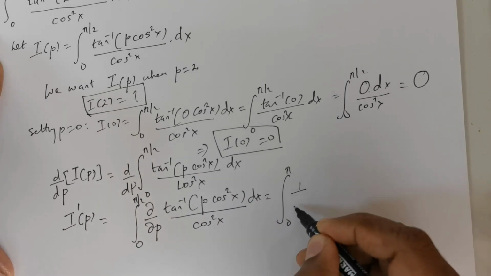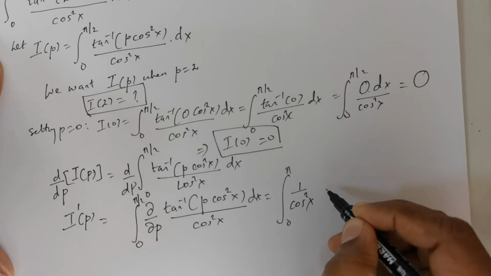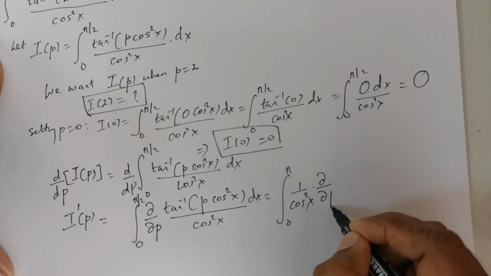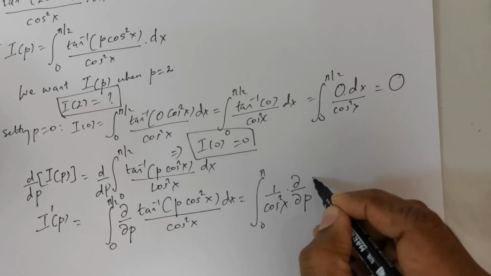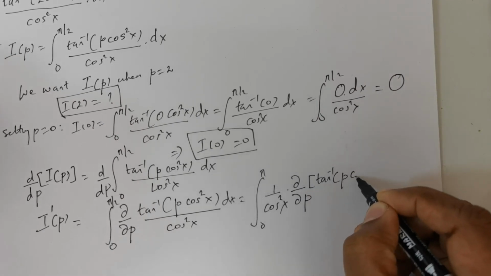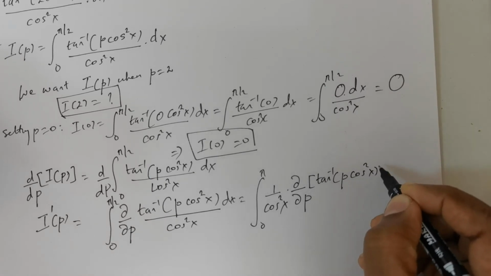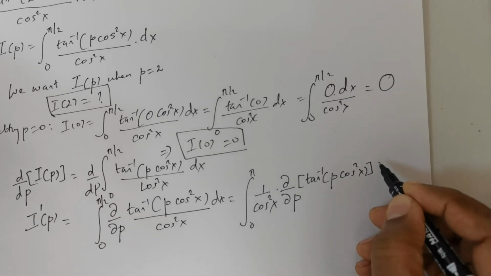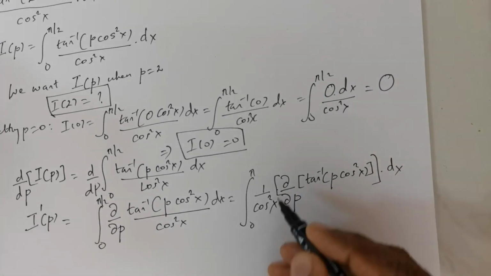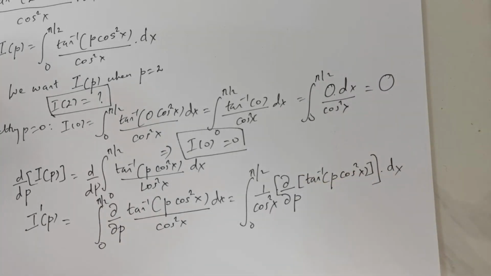So that's going to be 1 over cos squared x times dou over dou p of tan inverse of p times cos squared x, times dx, from 0 to pi over 2.